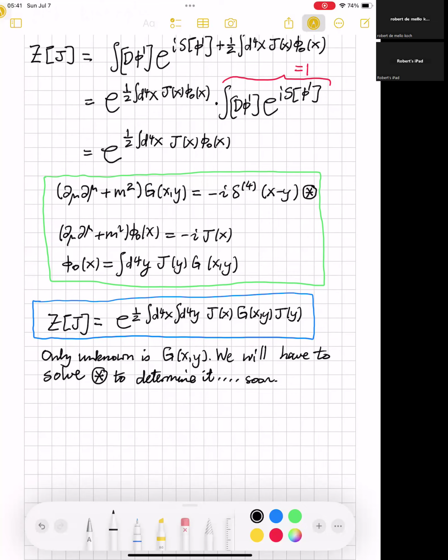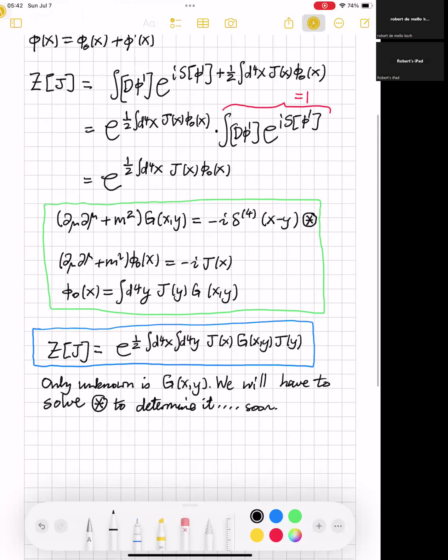In this blue box expression, the only unknown there is, is G of x comma y, the Green's function. And we're going to have to solve for the Green's function. Now, you may look at this expression and say, hang on, we don't know G of x and y, but we also don't know J of x and J of y. Well, that's true. We don't know J, but we don't need to know J. You see, how do we use J?